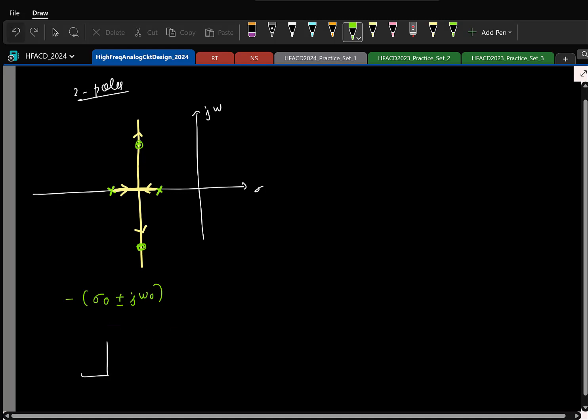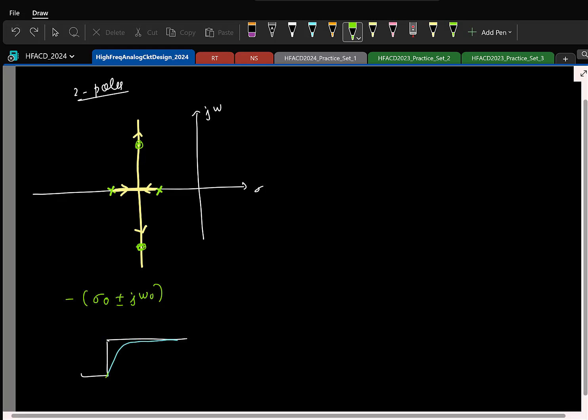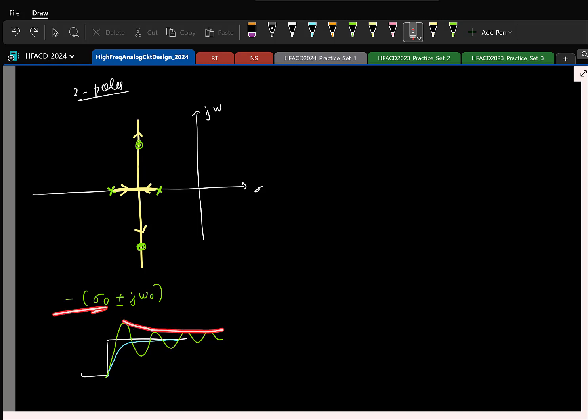Something like this. This corresponds to the omega naught sinusoidal frequency, and this minus sigma naught is the exponential decay you see. So although this is stable, you don't want your step response to show a lot of ringing most of the time.